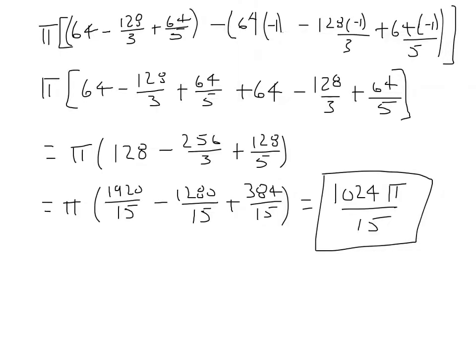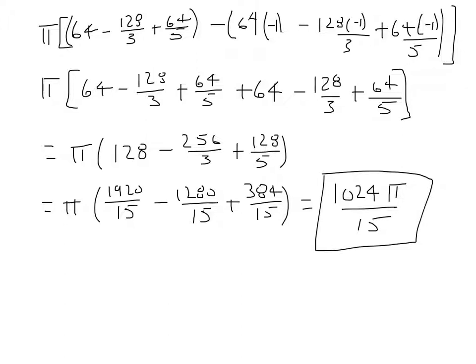So now substituting, first we'll substitute 1 in for x, and we'll wind up with 64 minus 128 thirds plus 64 fifths. And then we're going to subtract the substitution of negative 1 in for x. So we'll have 64 times negative 1 minus 128 times minus 1 cubed, which will still be minus 1 over 3, plus 64 times minus 1 to the fifth over 5, which will still be minus 1.